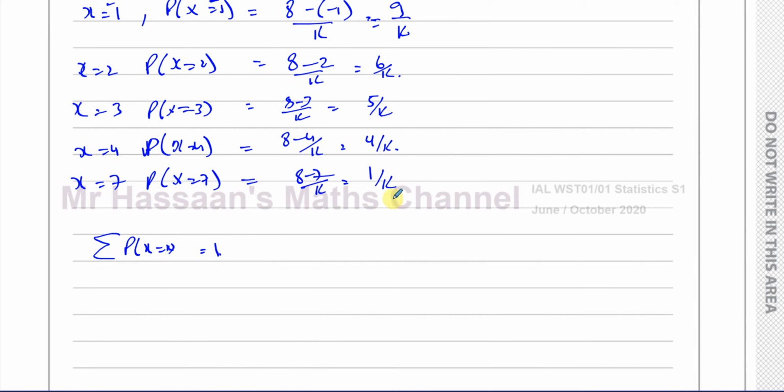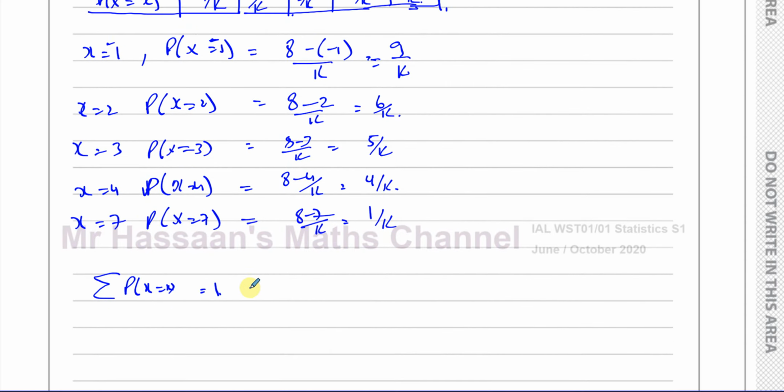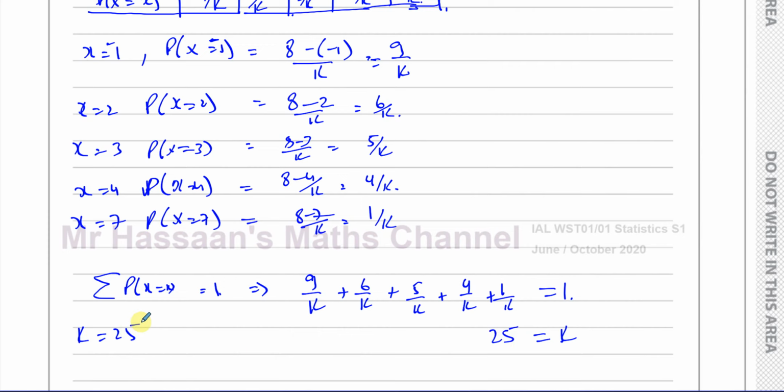So 9 over k plus 6 over k plus 5 over k plus 4 over k plus 1 over k is equal to 1. If I multiply everything by k, all the k's disappear. So I'll have 9 plus 6, which is 15, plus 5, which is 20, plus another 5, which is 25. So k equals 25.